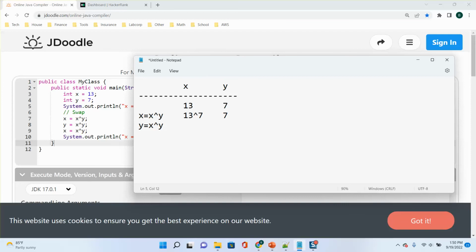So it means that x doesn't change. And y now, every time x is this, then again exclusive-OR y, which means 13 exclusive-OR 7, right? See this? This is y, because the first x has become this number and exclusive-OR y. We can use the associative law, so which is 13 exclusive-OR 7 exclusive-OR 7.